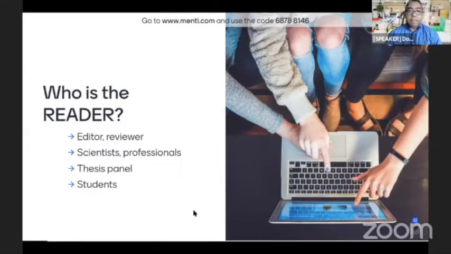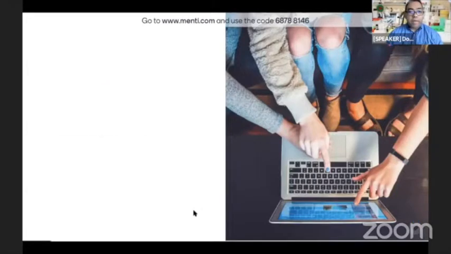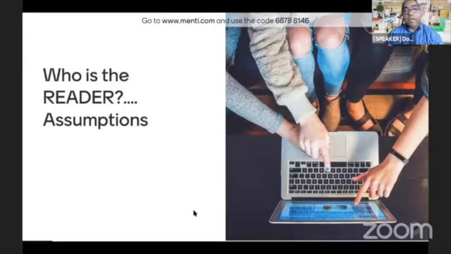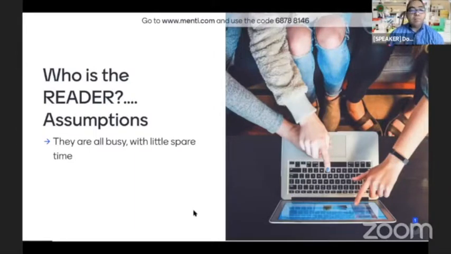Okay, so what are the assumptions here, considering those people? Well, number one, these are all busy with little time to spare. So, kailangan, pagkabasa mo, number one, it should be attractive in the sense that it will catch their attention.